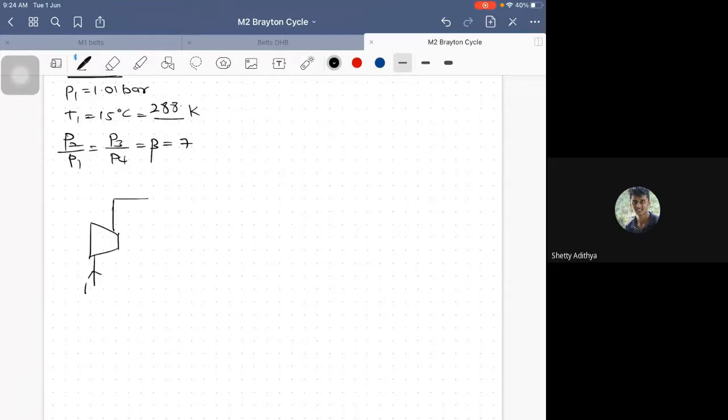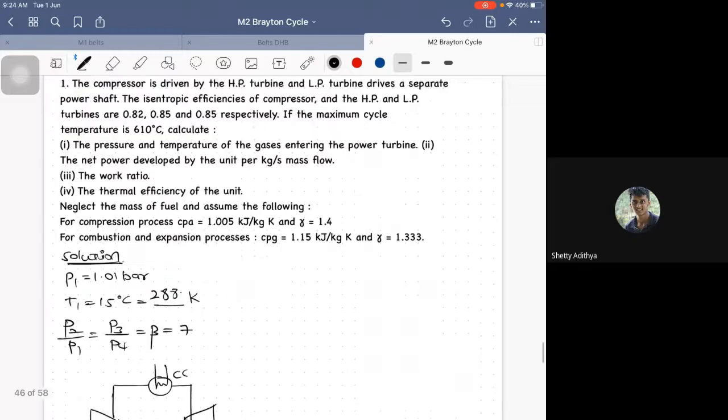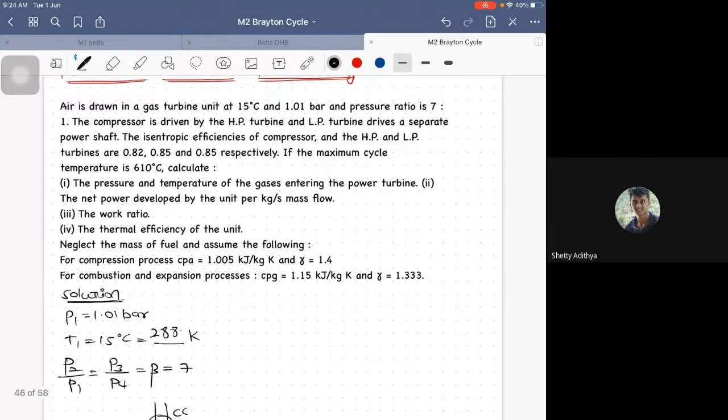From here, there would be a combustion chamber, CC. From here, there would be a turbine. So how many turbines? Two turbines. So this is a compressor. First thing is a HP turbine, HPT I would just write there. Correct?